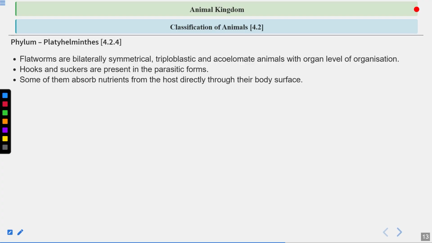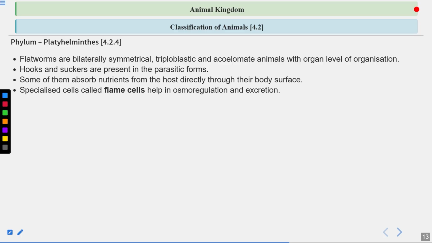They do not possess any digestive system, and they absorb the nutrients which our body has digested with the help of so many enzymes. They are smartly taking all those nutrients through their body surface. Very, very important feature of this phylum. Not sanguivorous.